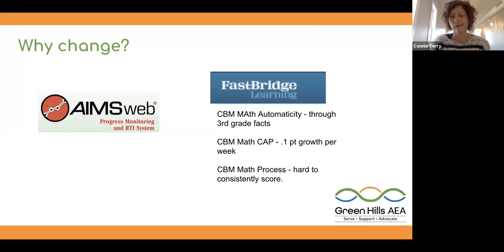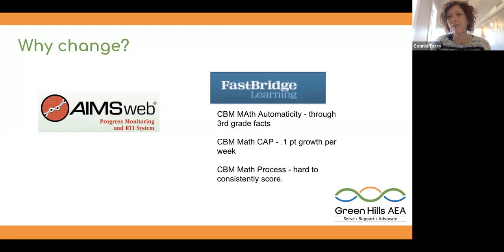assessments. The problem we're finding is that the CBM automaticity really tops out at about third grade. It goes through multiplication facts. The CBM cap, it's a little too long. I think it takes about 20 to even 30 minutes for the student to complete that.